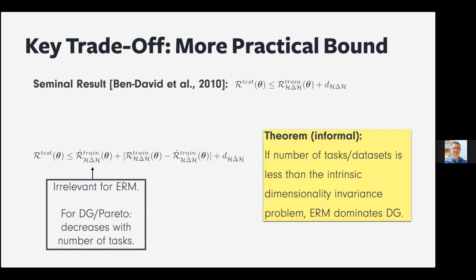If you want to generalize zero-shot and be better than ERM, you need a number of tasks higher than the dimensionality of your nuisance space, all the noise variables, all the background variables. Or for Pareto optimality, it should be higher than the dimension of the Pareto efficiency curve.